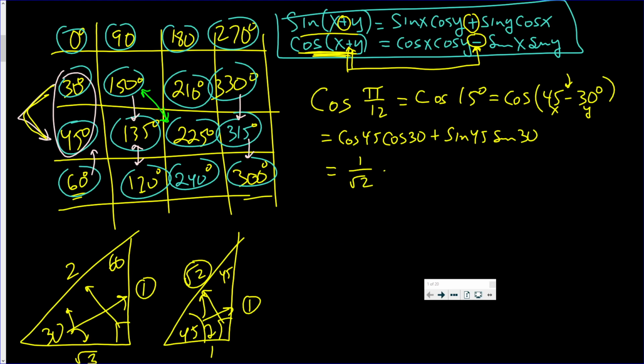The cosine of 30 is the square root of 3 over 2. Plus, the sine of 45 degrees is 1 over square root of 2, and the sine of 30 degrees is 1 over 2. So we get square root of 3 plus 1 over 2 radical 2's.